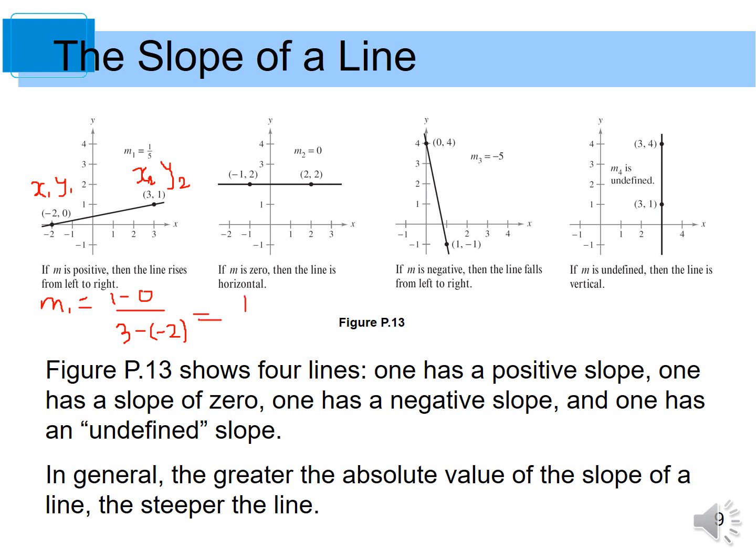So you will get the answer 1 over 5. So here m1 equals 1 over 5.